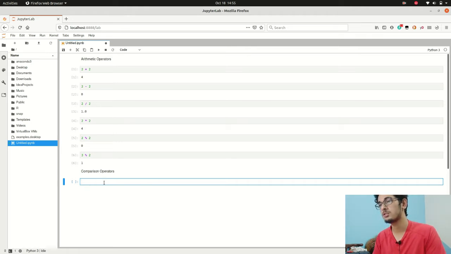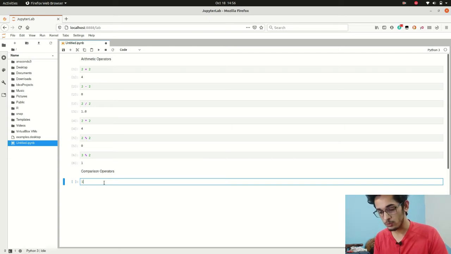You compare something, like this is equal to this, this is not equal to this, this is greater than this, and this is smaller than this. This is greater than or equal to this, and this is smaller than or equal to this. And this entire part comes under the comparison operator. If you're doing some kind of comparison, it comes under the comparison operator.